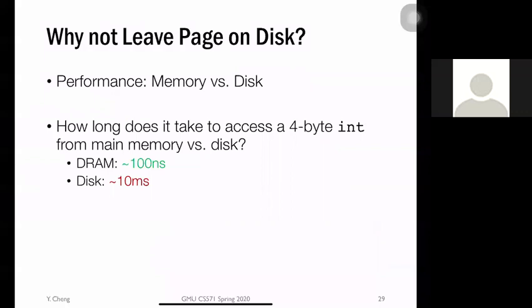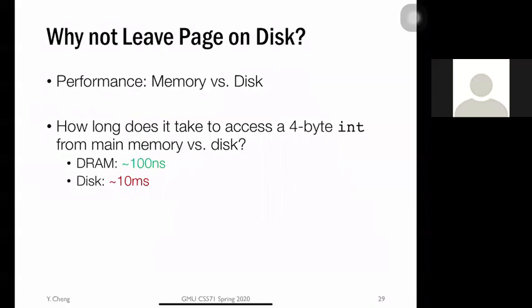As I've already mentioned in the previous slide, consider the latency it takes the operating system to fetch a 4-byte integer from main memory versus to fetch this 4-byte integer from disk. By the way, to fetch this 4-byte integer from disk, you basically cannot just fetch the 4 bytes as is.